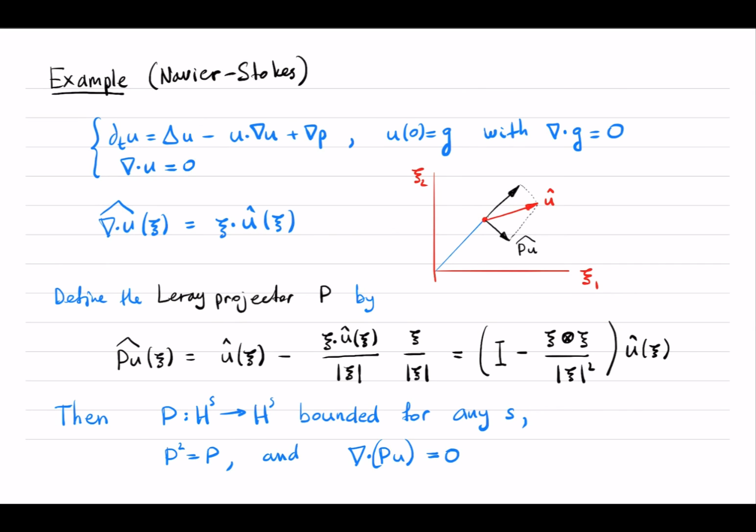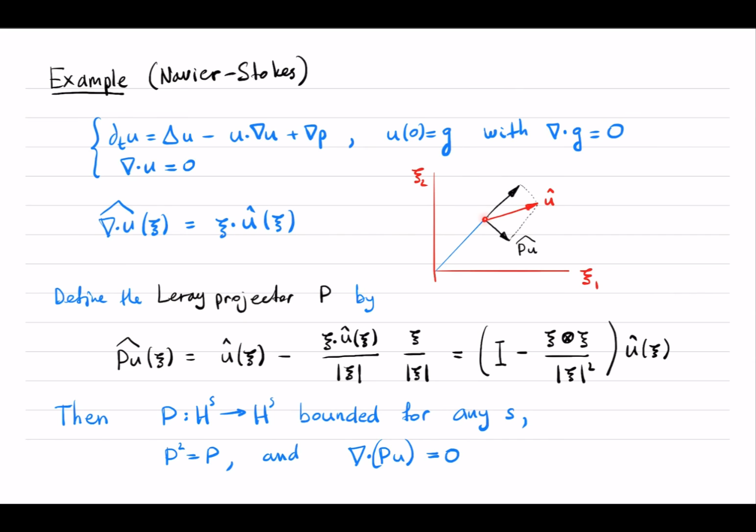So if you look at the divergence in Fourier space, it is simply the scalar multiplication by the frequency variable psi. Of course, in higher dimensions, this psi is going to be a vector. So let's say this is your velocity field in the frequency space.